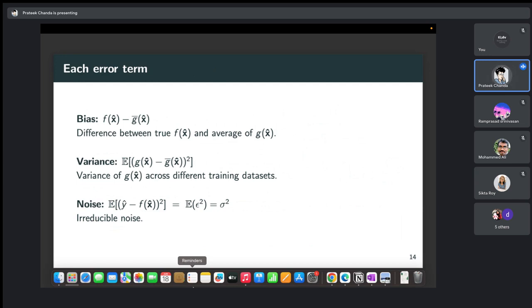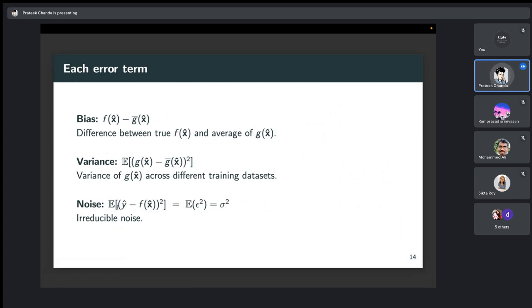That means for different training data sets, I get a different estimator or different linear hypothesis, and I want to check how that deviates from the mean prediction. And lastly I have noise, which is irreducible noise, the expectation of epsilon whole square, which is sigma square, because it comes from a normal distribution of mean 0 and variance sigma square.